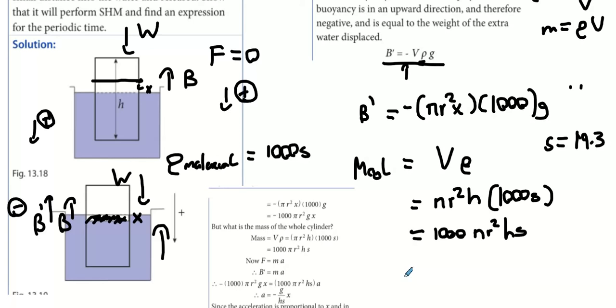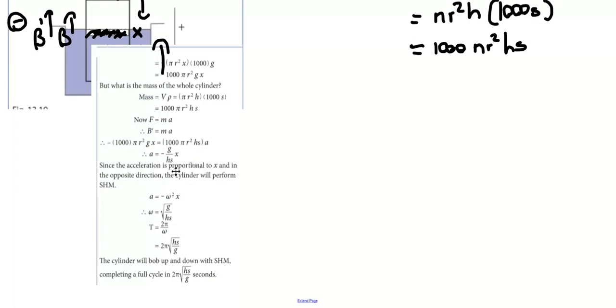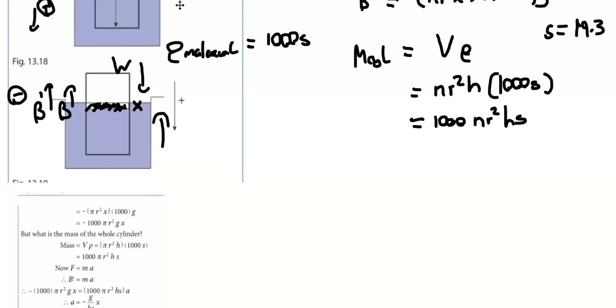Next thing we have to realize is that in scenario 2 there is basically extra force acting upwards. The net force is going to be acting upwards, okay? So we can use F equals ma.